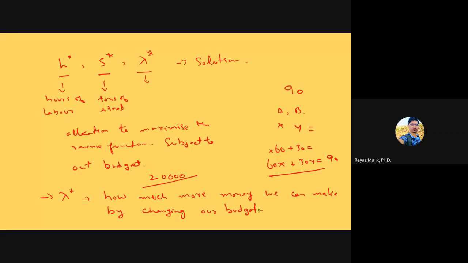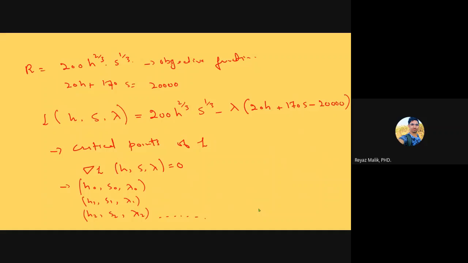What will be the total effect on the revenue? This will be reflected by the lambda. Correct? Then how would I write it?